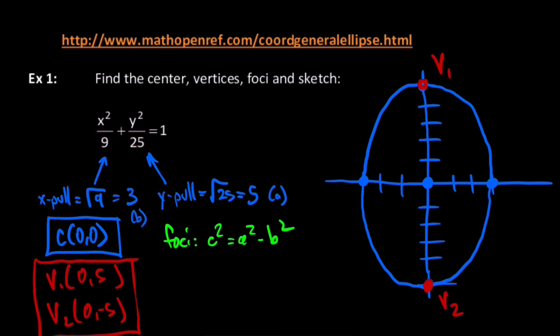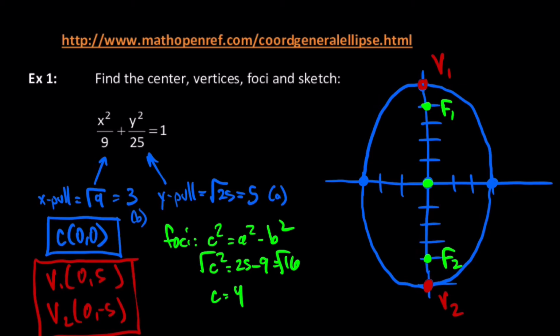All right, so back to c. C squared equals 25 minus 9. That's going to be 16. Square root it. C equals 4. Well, what is 4 again? That's the distance from the center to the focus. So here's my center. 1, 2, 3, 4. That would be F1. 1, 2, 3, 4. That would be F2.